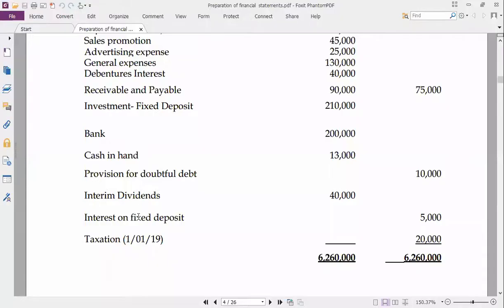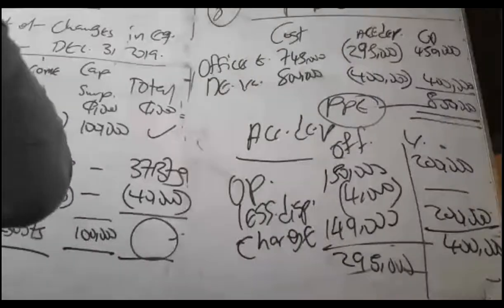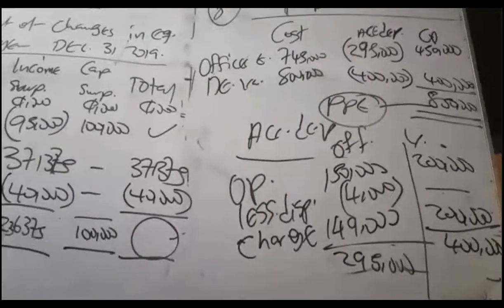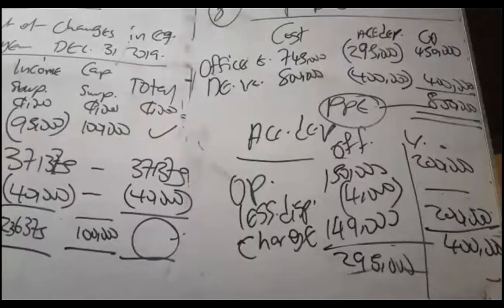So the fixed deposit is, so investment, this is the fixed deposit, so 210. So can you bring it at the current asset, is 210 at the current asset.